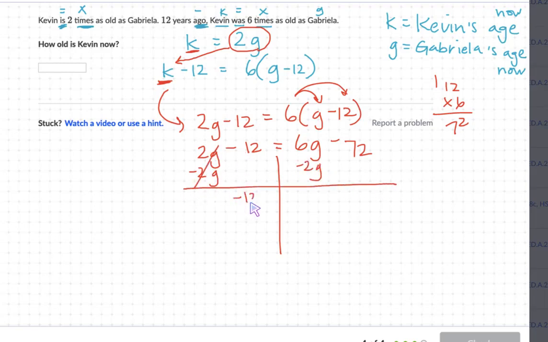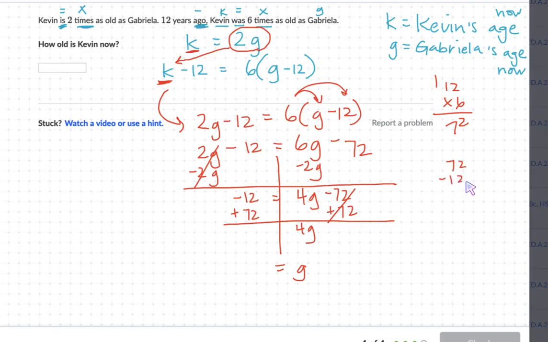This is negative 12. 6g minus 2g is 4g, and this is minus 72. So I have all my g's on the right-hand side. Now I need to move all my numbers, my constants, to the left-hand side. I'm going to add 72 on this side to cancel out, eliminate that. This is 72 minus 12, pretty much. It's just an opposite order. So I end up with 60.